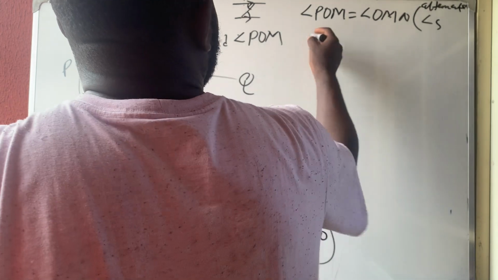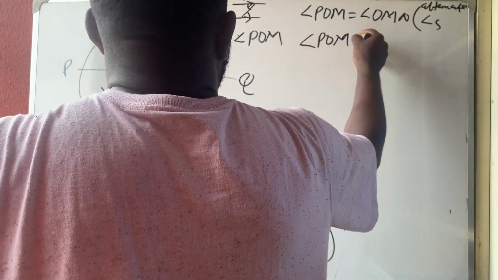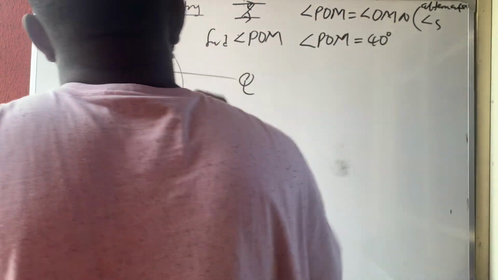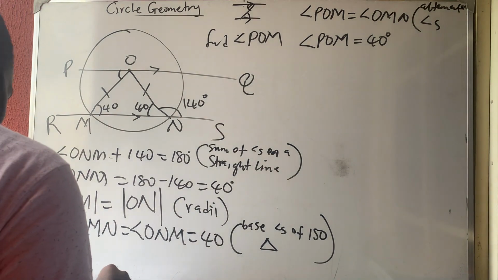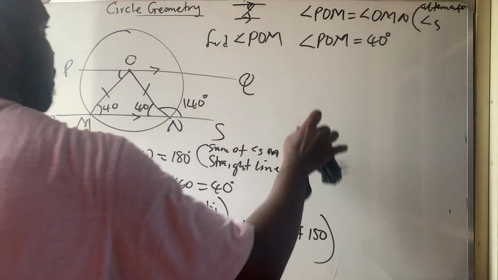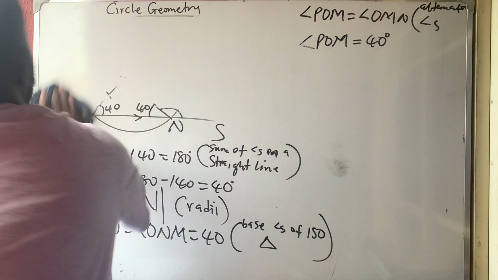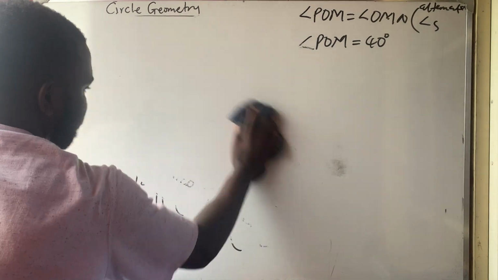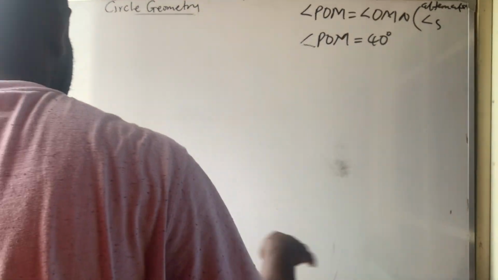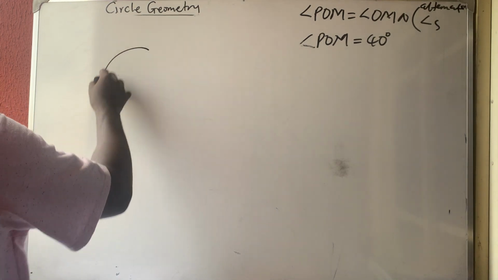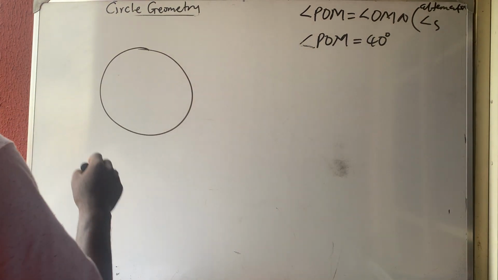So that is that. Therefore angle POM is equal to 40 degrees. As simple as that. All right. So the next question, they gave me a circle.